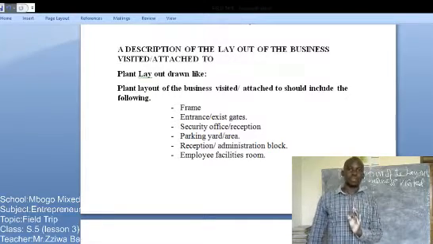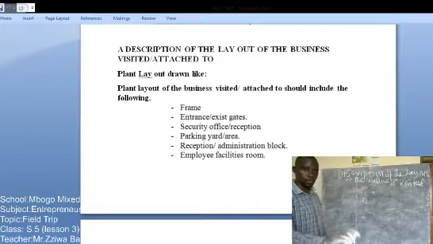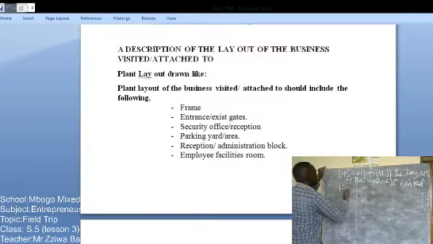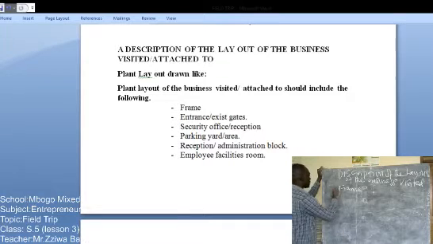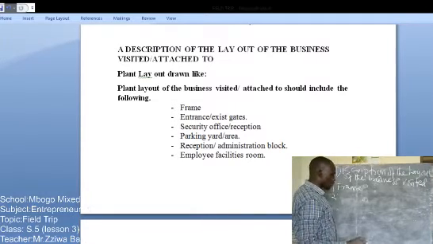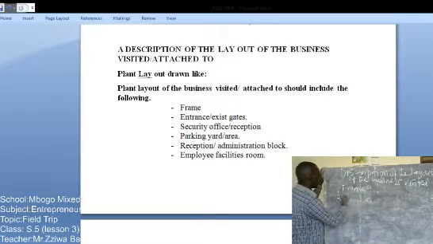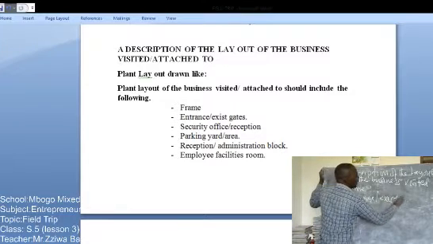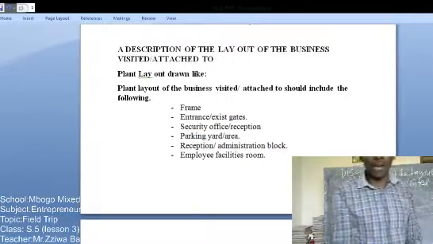The layout has got elements or components. One, let us begin with the frame, and we are going to illustrate each. The frame. Number 2, we have what we call entrance and exit gate. When you enter, you must come out.